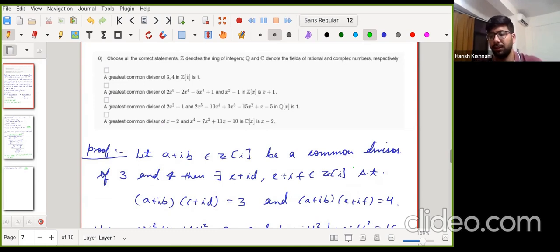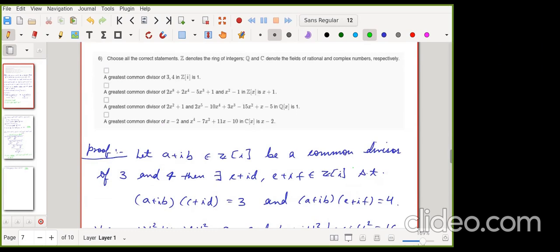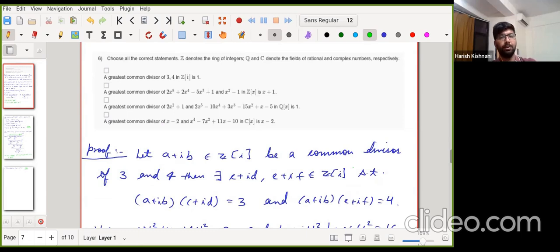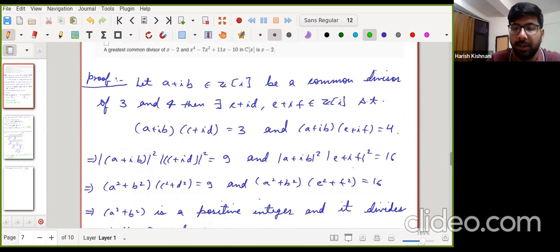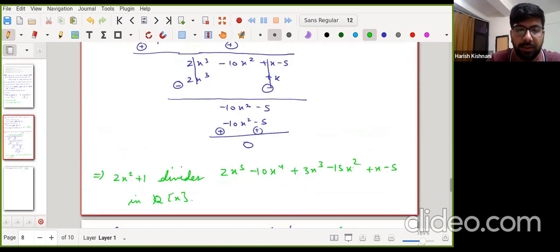So checking this is easy. x equal to 2 is a factor of that polynomial, fourth degree polynomial. Yes. So since x equal to 2 is a factor of the second polynomial, x minus 2 is going to be a factor, and then thus the GCD is nothing but x minus 2. Yes, we are correct. So let me just write it.